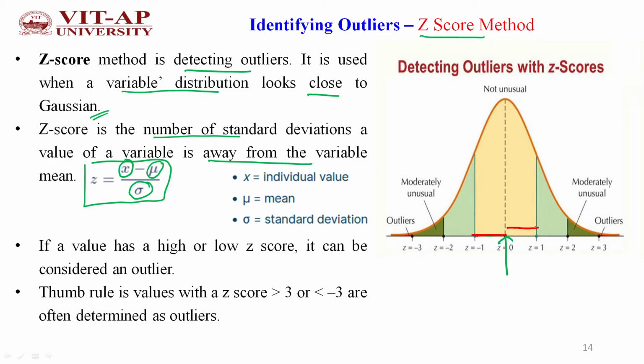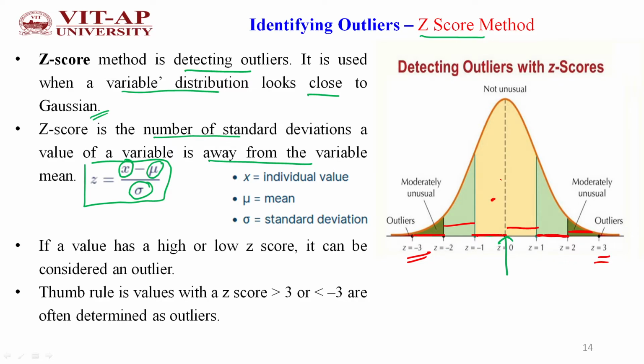This portion is Z-score plus 1, then this portion is Z-score plus 2, and this portion is Z-score minus 2. This portion is Z-score plus 3, and this portion is Z-score minus 3. As standard values we use Z equal to minus 3 and Z equal to 3.